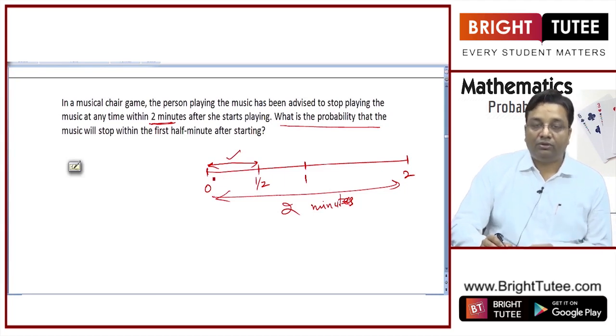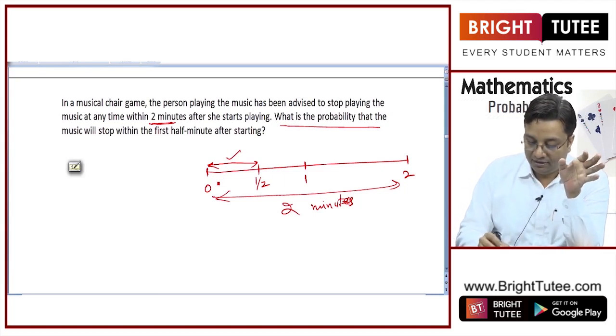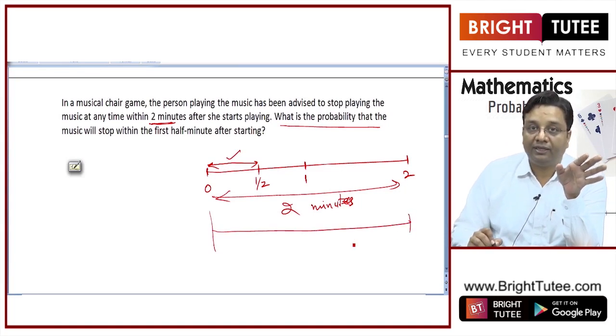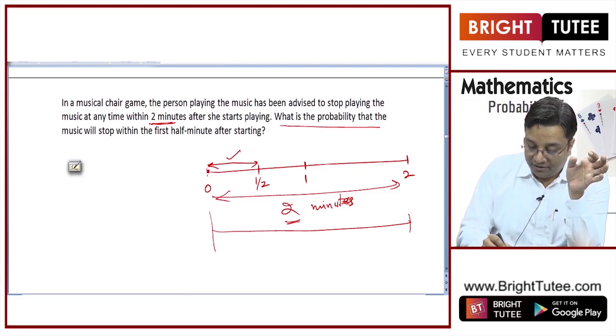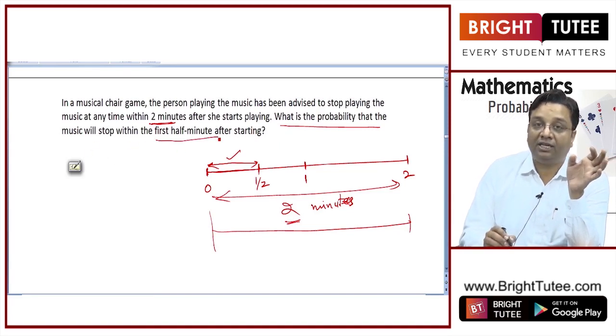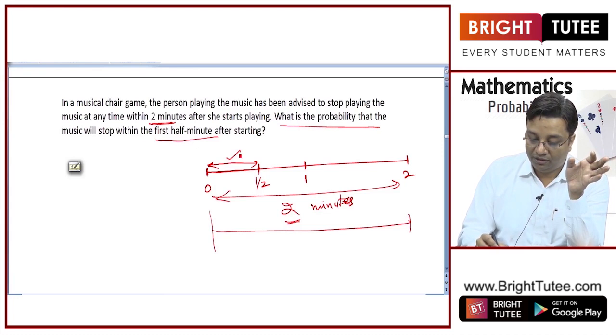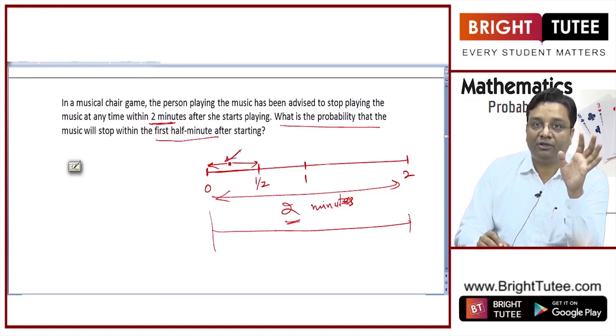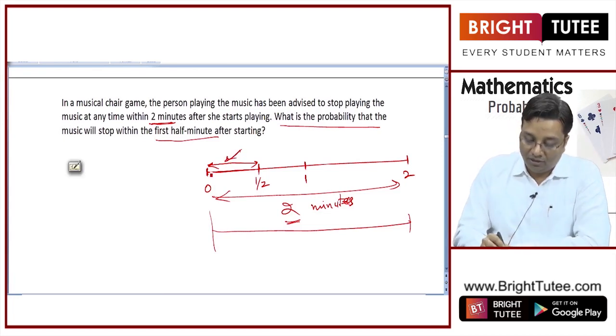So you need to look at this like this. What is the total span of time that is available? That is 2 minutes, right? And what is this span which is favorable in our question here? Because we need to calculate probability that music stops in first half minute. So this span is favorable span for us, right? So this is half a minute.